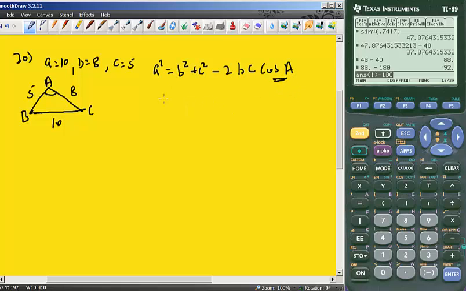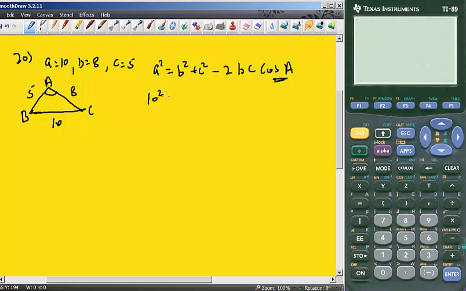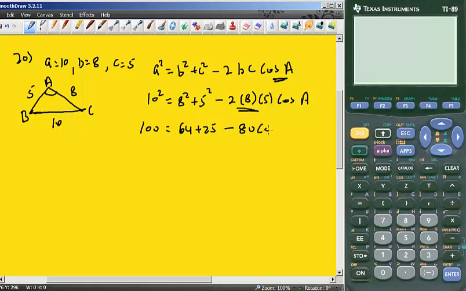So we're going to plug in everything we have for A, B, and C. So this would be 10 squared is equal to 8 squared plus 5 squared minus 2 times 8 times 5 times cosine of angle A. Well, that's 100 is equal to 64 plus 25 minus 2 times 8 times 5, which is going to give me 80, times cosine of angle A. 64 plus 25 is 89, so 89 minus 80 cosine of angle A.